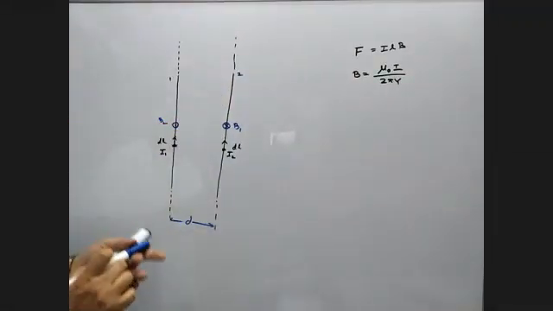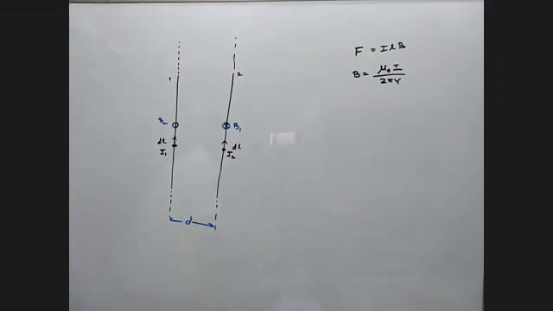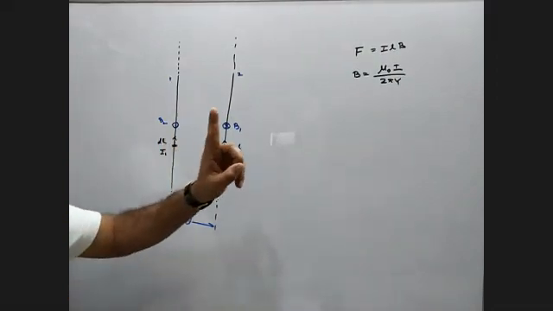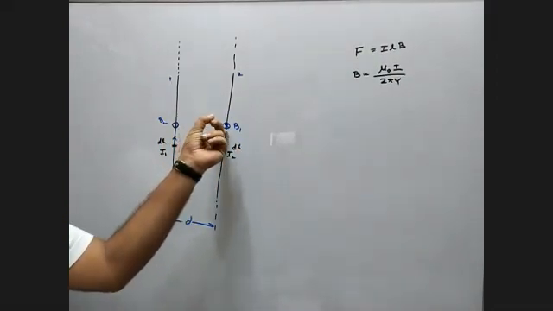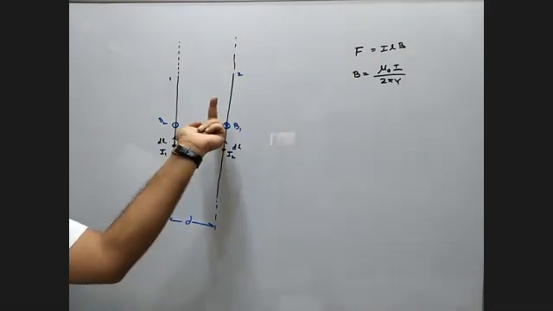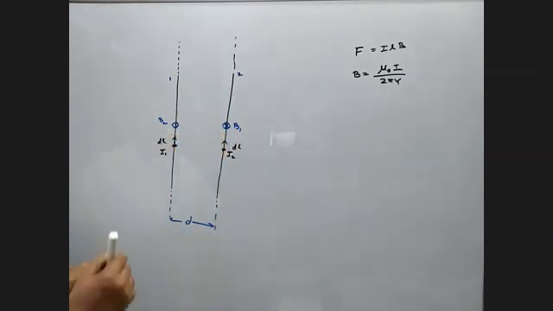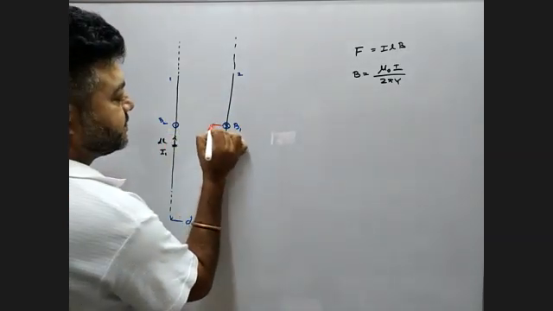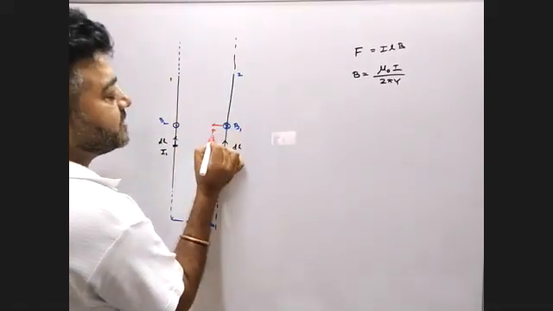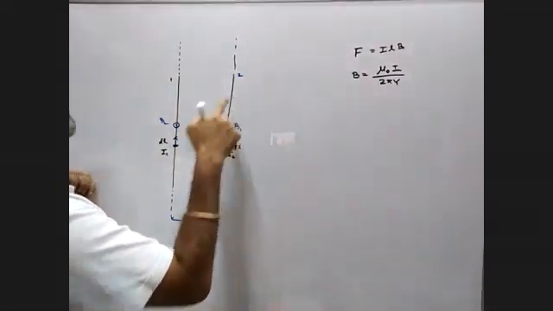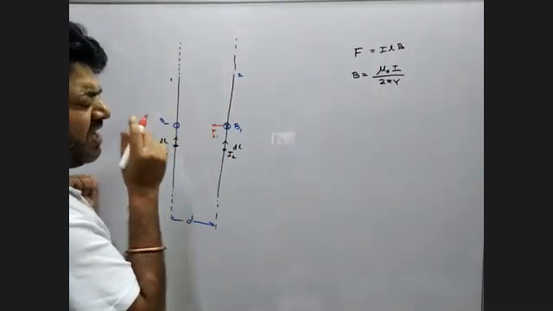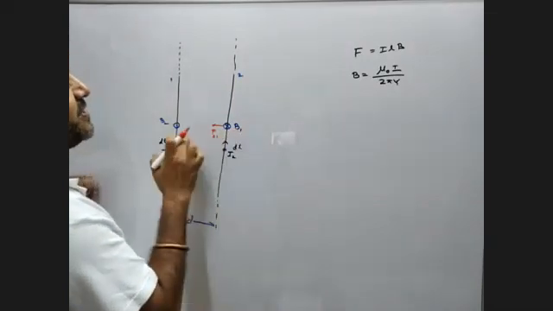Now, if we use Fleming's left-hand rule, the magnetic field is cross, the current is in this direction, so the force is in this direction. So we can write force on 2 due to 1, because of the magnetic field due to the first wire.